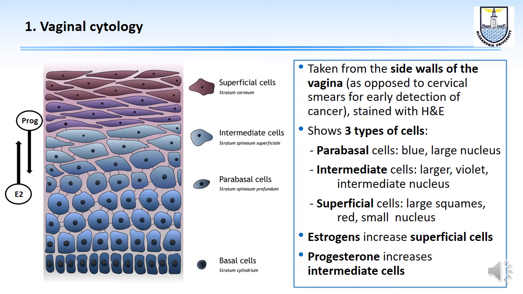This is how it stains with hematoxylin eosin stain. So there are three types of cells which come with us when we do the vaginal smear, because the basal cells do not separate. As said, if the woman is under estrogen effect, she will have a lot of superficial cells, and progesterone increases the intermediate cells.